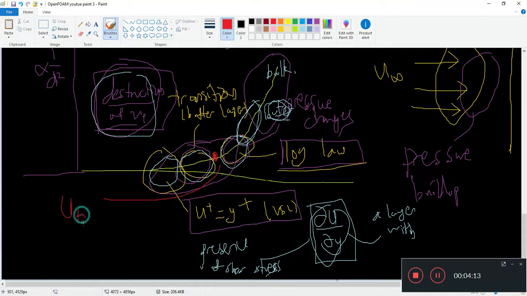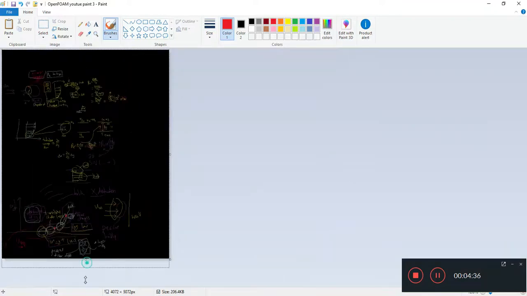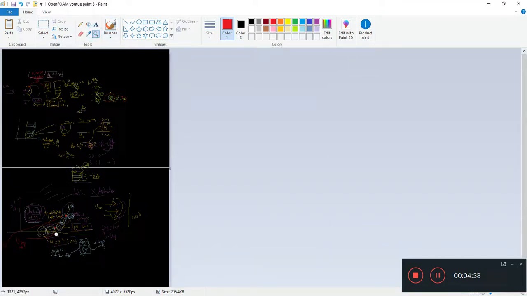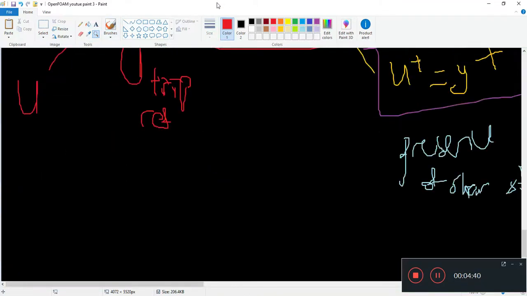So this is the U at the trip point, and then let's say you are calculating a velocity here, which is the velocity at wherever you are considering. This is actually a reference velocity.